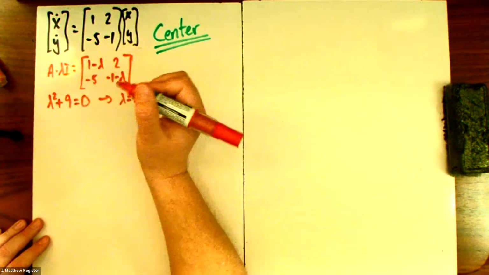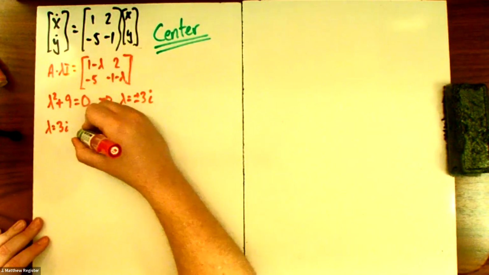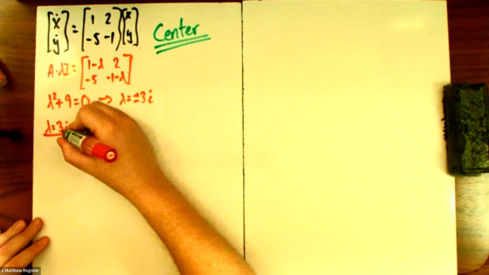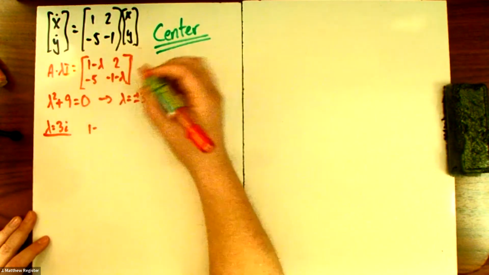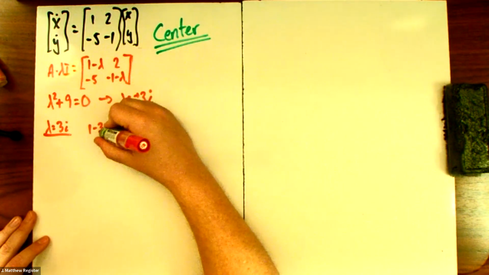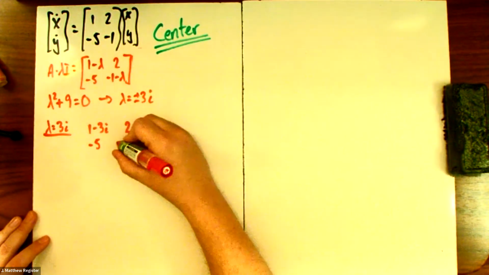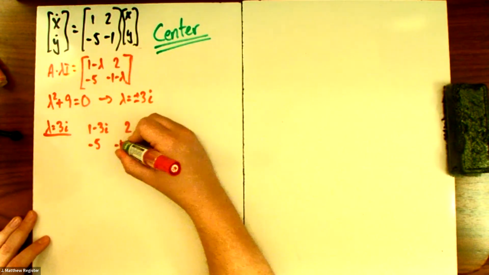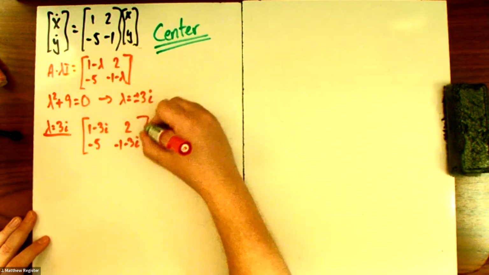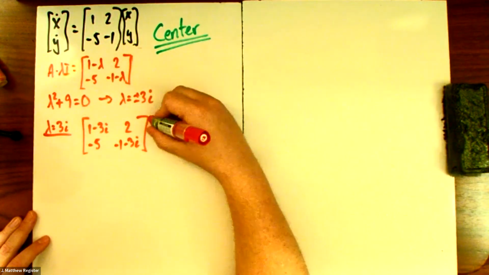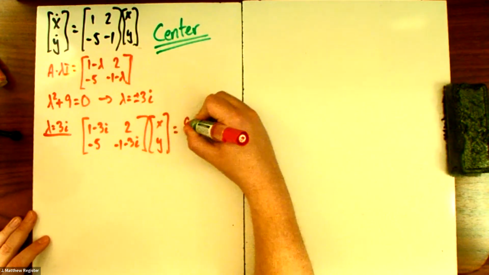And so for lambda equal to positive 3i, we end up getting the matrix 1 minus 3i, 2, negative 5, and negative 1 minus 3i, times x y equals 0, 0.